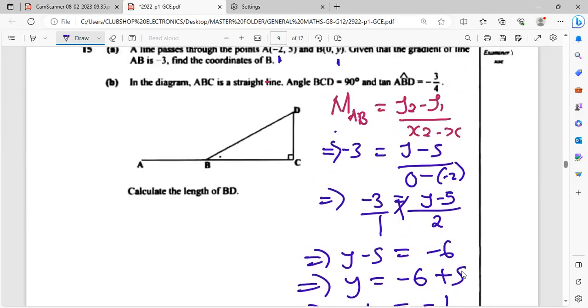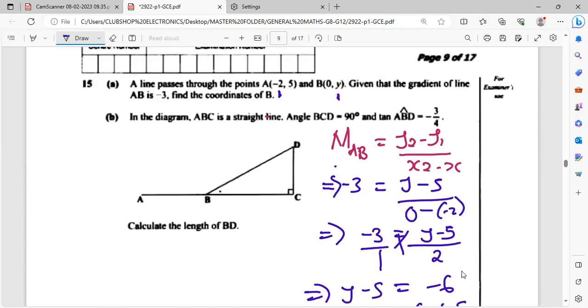Okay, the next one is: in the diagram, ABC is a straight line. Angle BCD is 90, as we can see. Tan of ABD is -3/4.